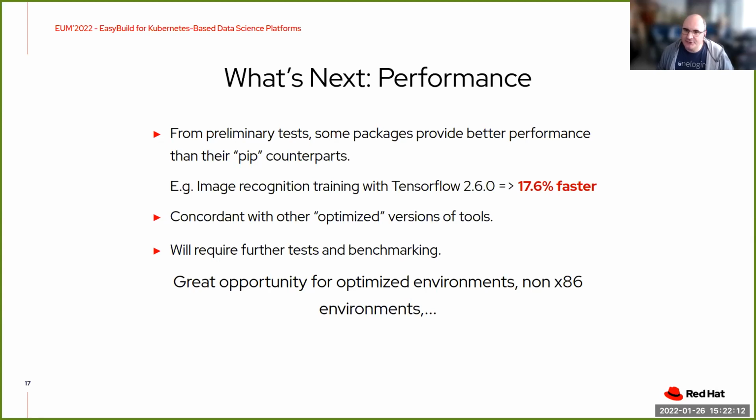So while trying to do those benchmarks, I found something interesting. For example, with TensorFlow 2.6.0 for an image recognition training, which takes somewhat 30 minutes, I have an improvement of almost 18% speed in training versus using a pip installed TensorFlow version.